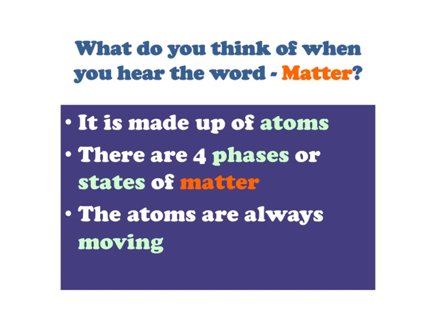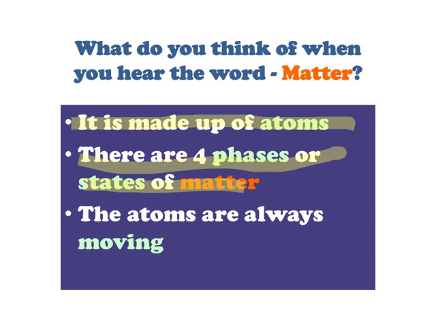So what do you think of when you hear the word matter? First of all, it's made up of atoms. There are 4 phases or states of matter, and the atoms are always moving. Even when it's a solid, those atoms are vibrating.